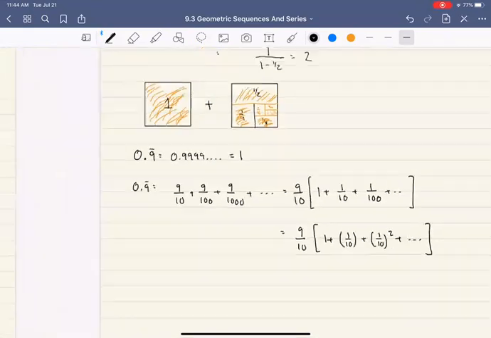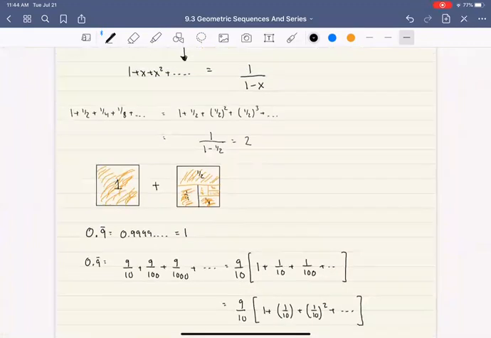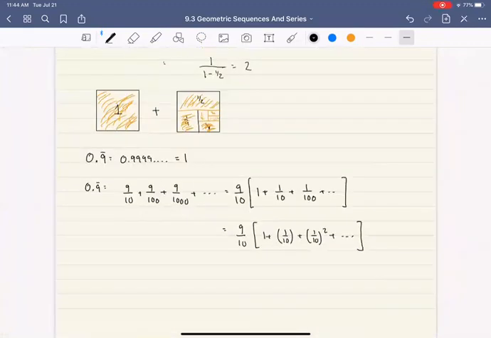So this is, again, another infinite geometric series. The r here is 1/10. So the absolute value of r is certainly less than 1. So we can use our formula.